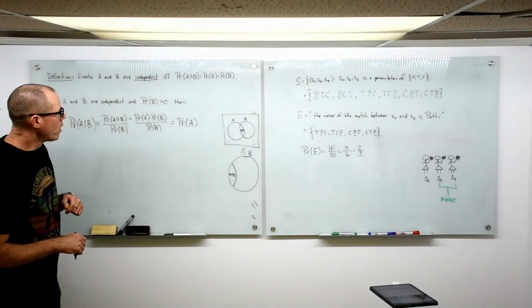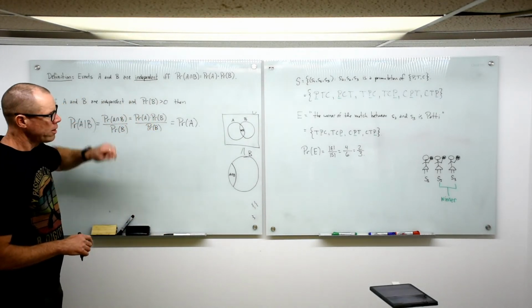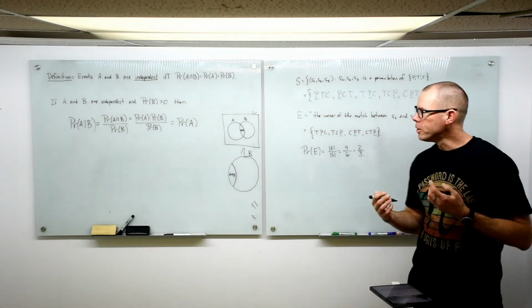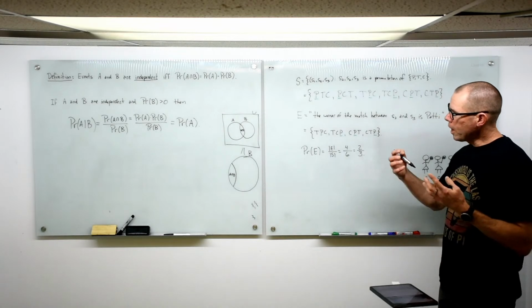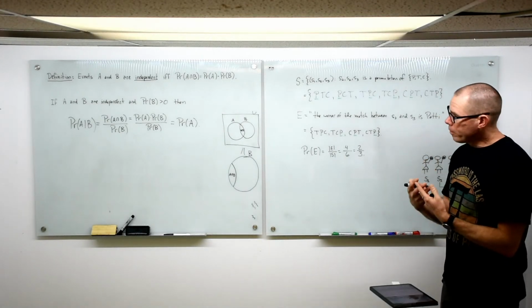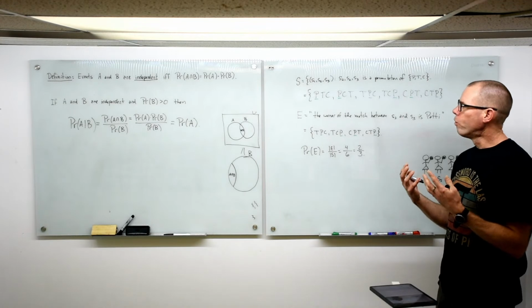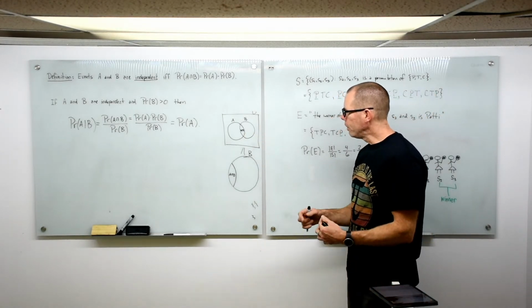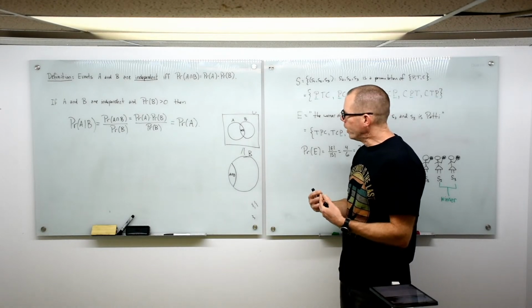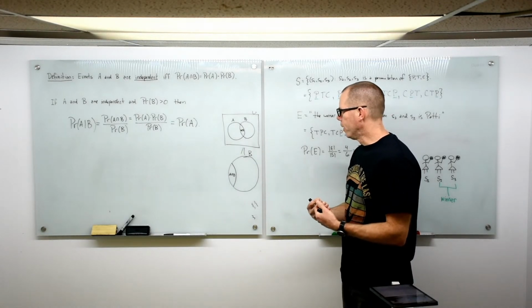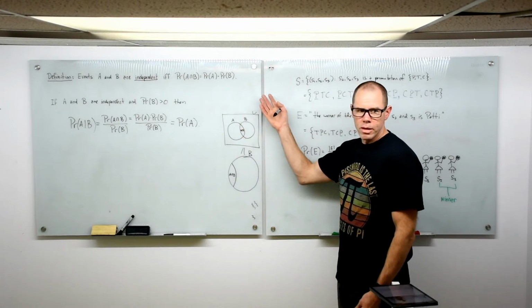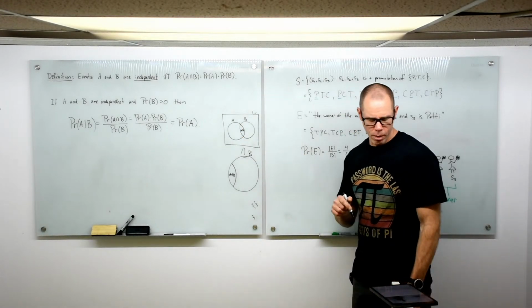Okay. So independence doesn't mean A and B are disjoint. In fact, that never happens unless one of them has probability 0. It means that A and B overlap, and they overlap in a way where the size of the intersection compared to the size of B is the same as the size of A compared to the size of the whole set of outcomes.